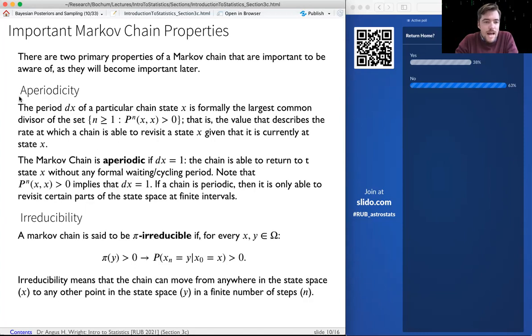One is that it be aperiodic. That is, you're allowed to step back to a location X with 0 lag between the steps. Basically, I don't have to wait a certain number of steps in order to return home. There is a non-zero probability that I will remain where I am.